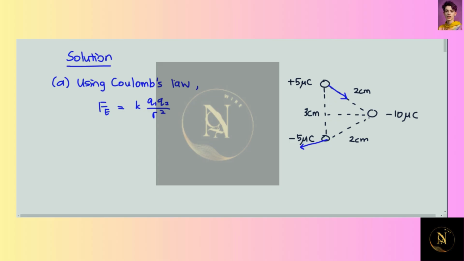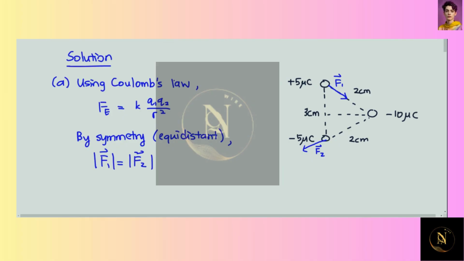Just to draw it better, this is F1 and this is F2. By symmetry, meaning the charges are equidistant, F1 is equal to F2 in magnitude.